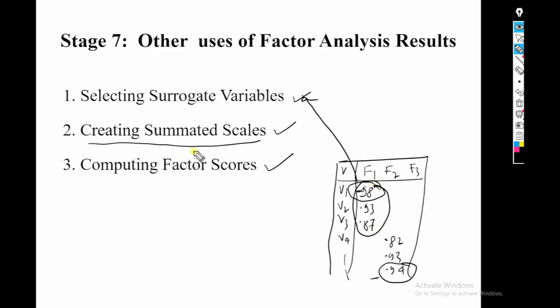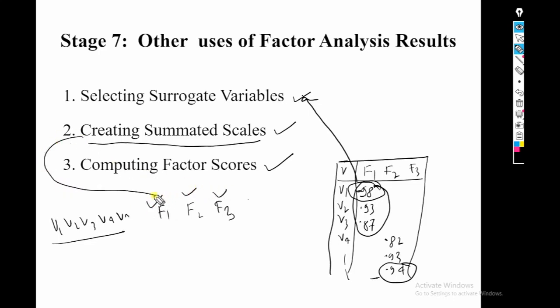Another way is we can take the mean value and create a summated scale, meaning we take the mean of all three and create another variable. In our data sheet there are many variables v1, v2, v3, v4, v5, so we can create another three variables f1, f2, f3 on the basis of the summated scale.